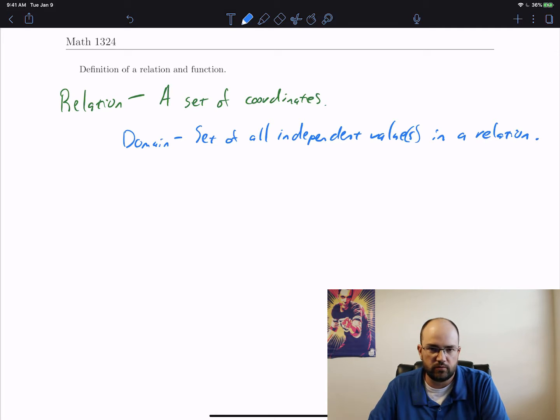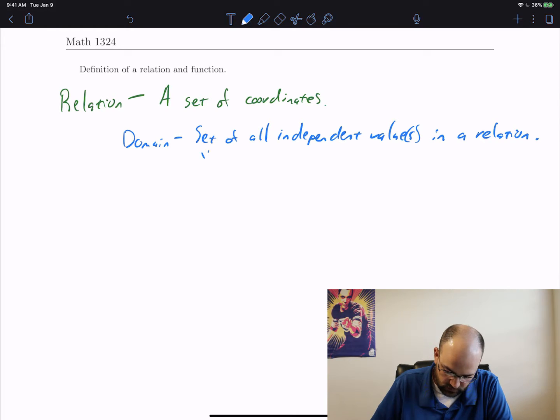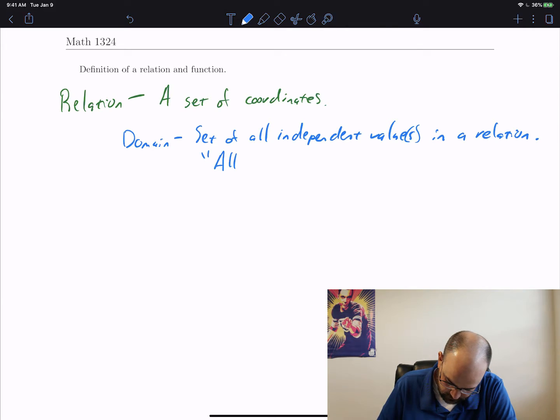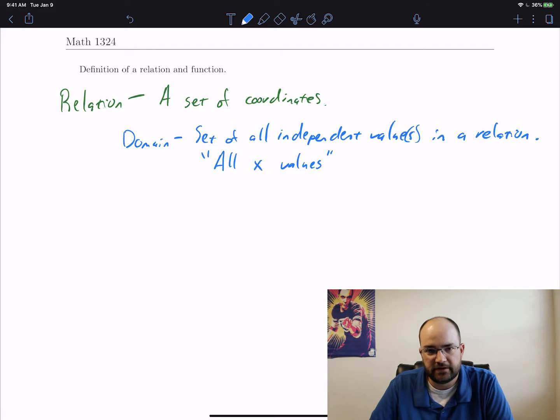It really depends on what the relation is talking about, but generally speaking for us, it's going to be the first coordinate. And usually for us, this won't always be this way, but it will usually mean this, all x values. And that's pretty much it.